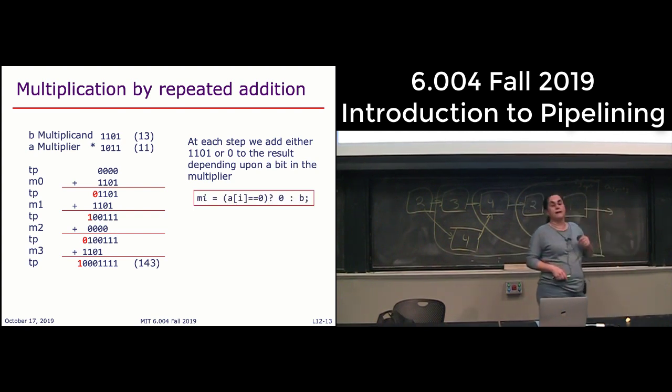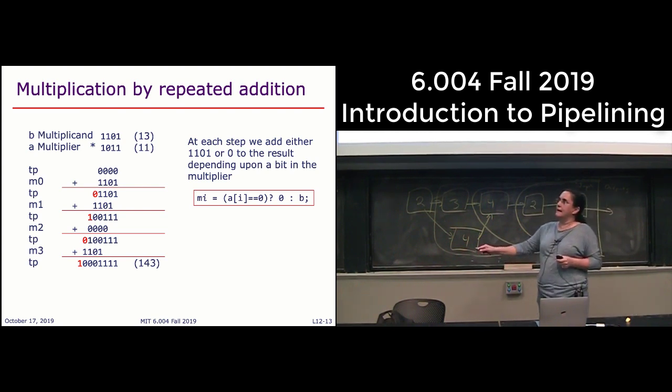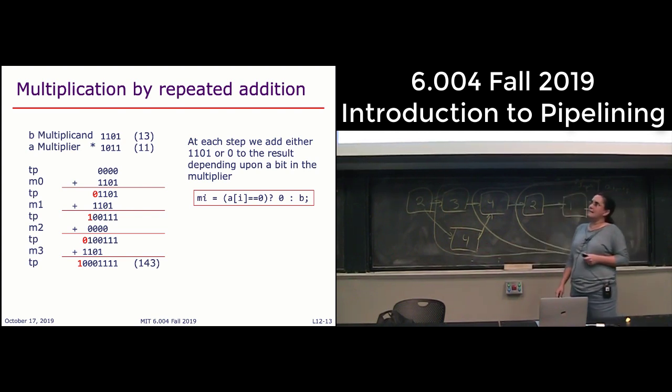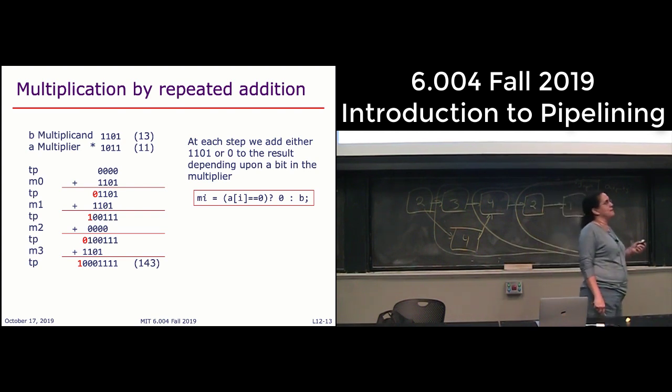So here's another way of expressing that. I have basically these values here called m sub i, which is what I'm adding to my partial sum. And the way that I determine what each one of those is depends on the bit of A that I'm currently looking at. If that bit is 0, then I just put a 0 in. If that bit is 1, then I put B in.